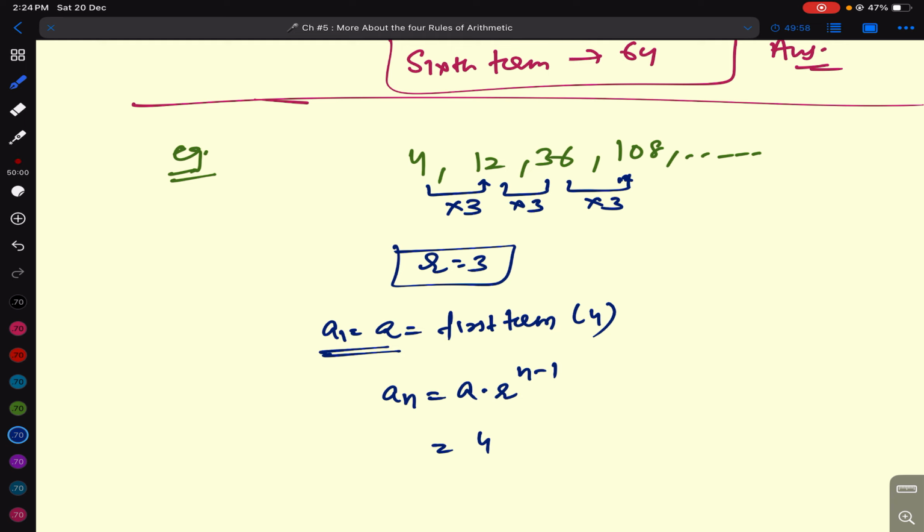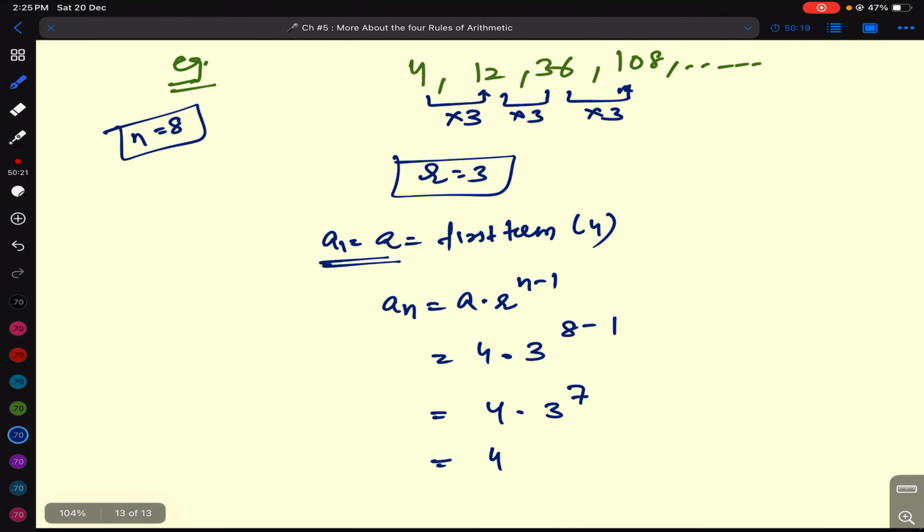So what is a here? 4. R is 3. What is n here? Okay, let's take n as 8. Let's assume that n is given as 8, so that will be 8 minus 1, so that is 4 times 3 to the 7, which is 4 times 2187. And how much is 4 times 2187?